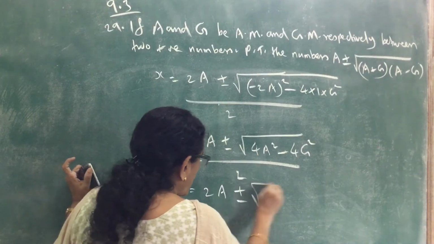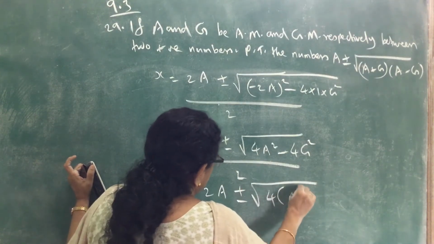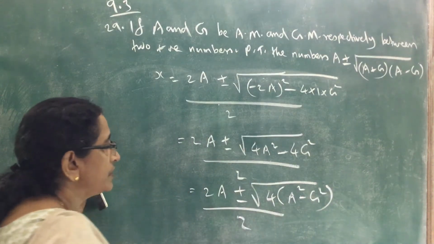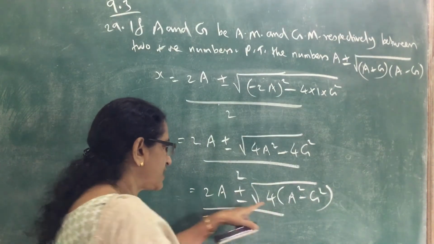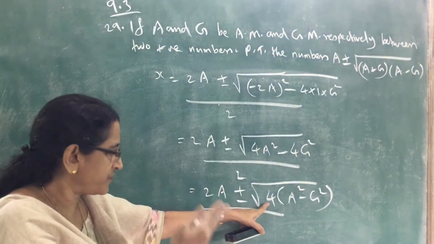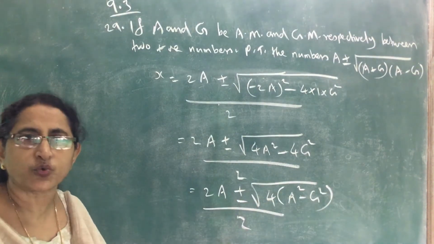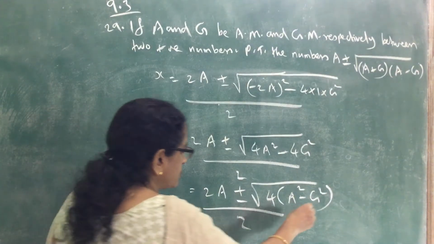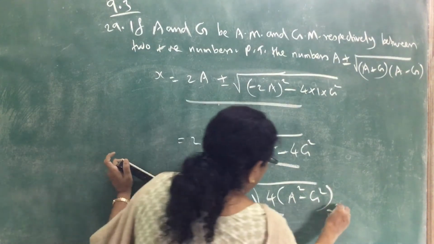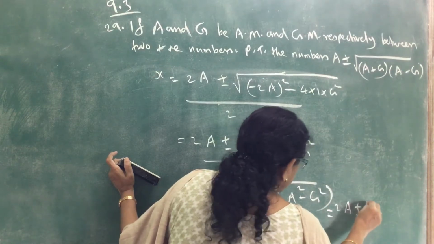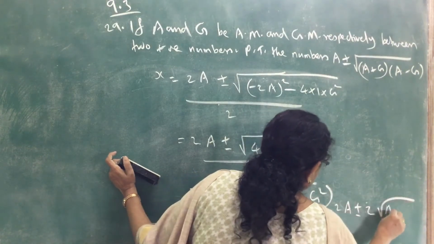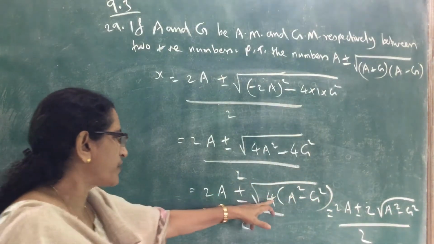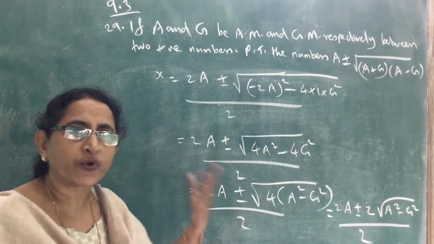Inside the root, 4 is a common factor, so 4 times (A square minus G square). Taking 4 outside the square root, it becomes 2. So we get 2A plus or minus 2 into root of A square minus G square, divided by 2.